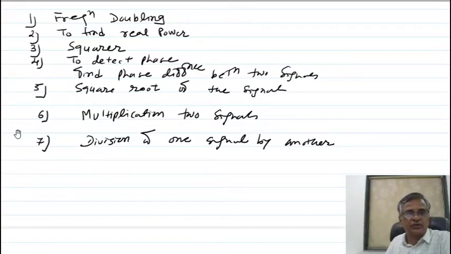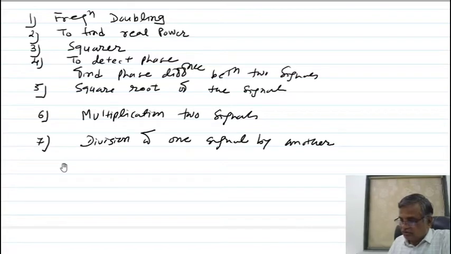There are several applications of multiplier IC such as frequency doubling, which means if you want to double the frequency of the input signal, then a multiplier IC will be used. It is also used to find the real power of the signals, to find the square of the signal, to find the phase difference between two signals, to find the square root of the signal, and for multiplication and division of signals. These are some applications I have mentioned here.